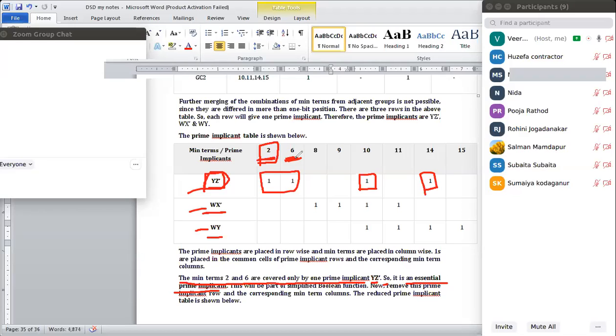Why? Because they are not covered by some other prime implicant. They are covered by only one prime implicant. For example, I'll tell you in the next one, it will be clear.